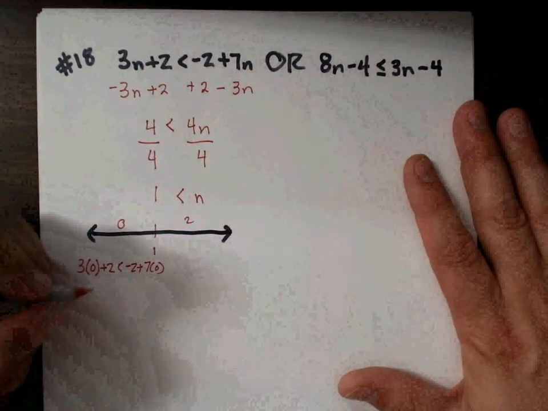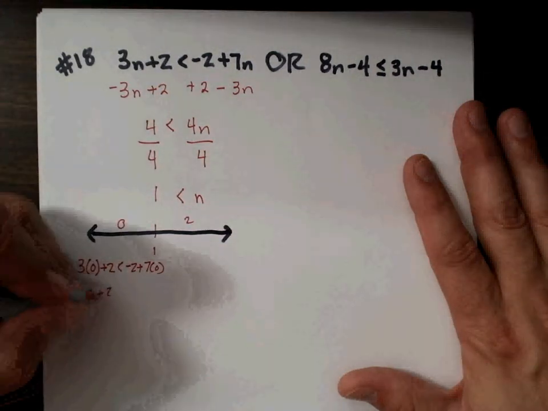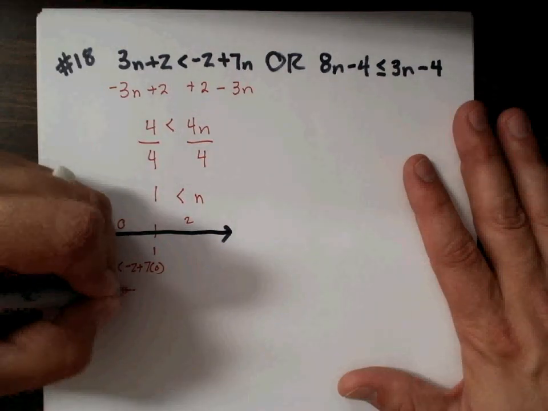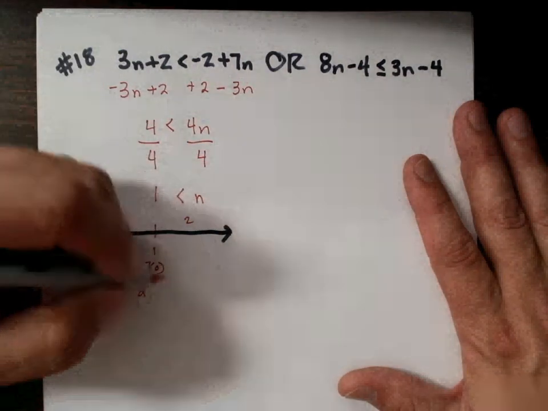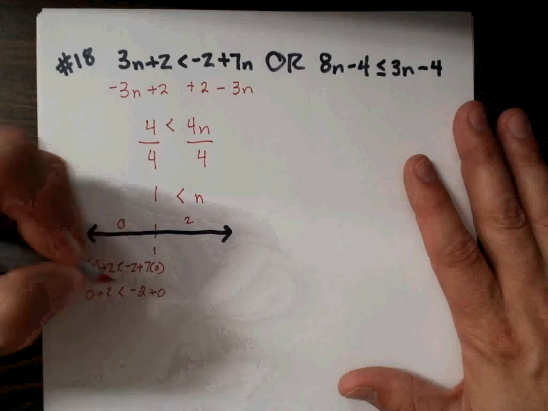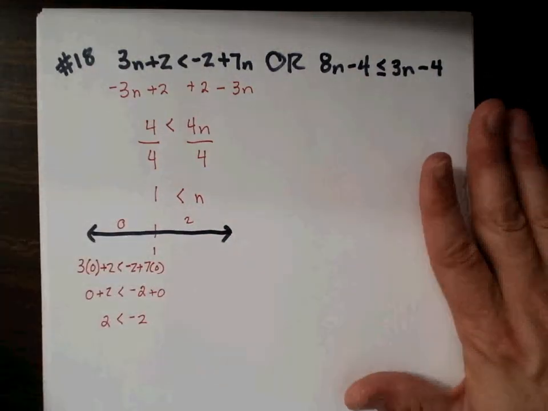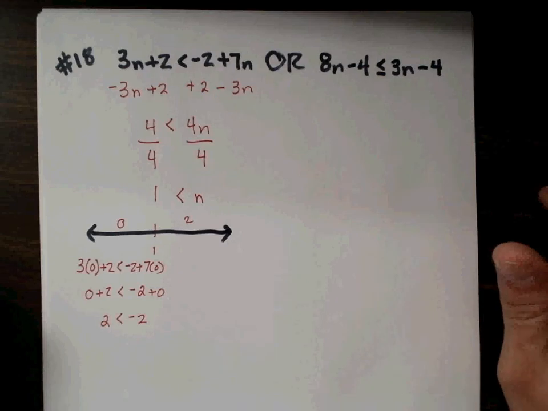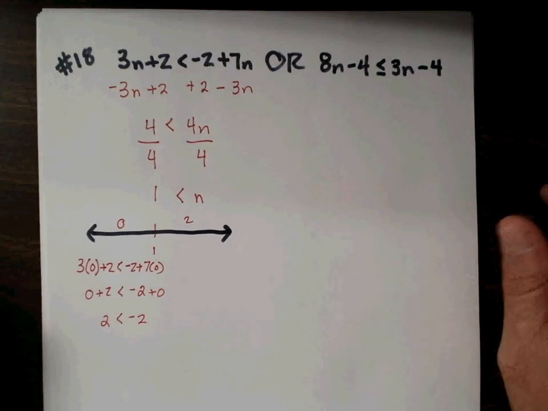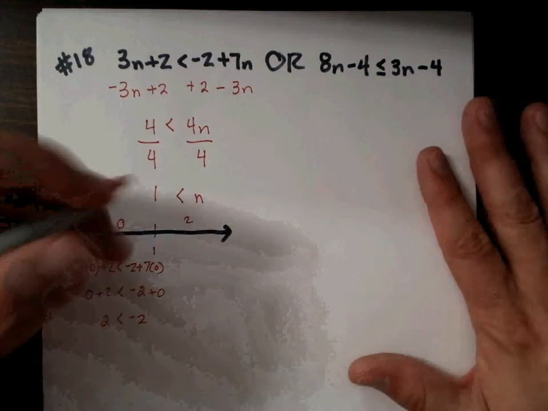That's going to be 0 plus 2 is less than negative 2 plus 0, which is going to be 2 is less than negative 2. Is that true? No. It's not true, so I got to check the other side.